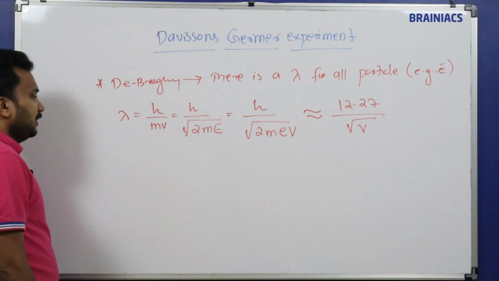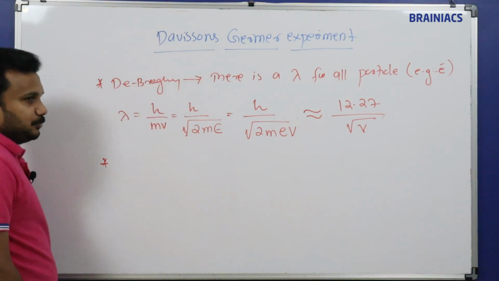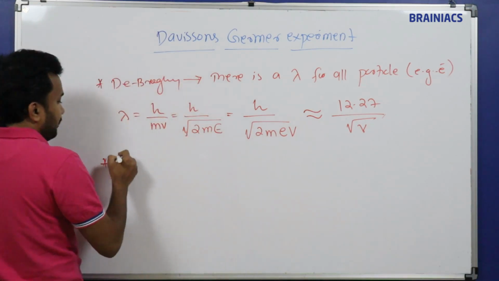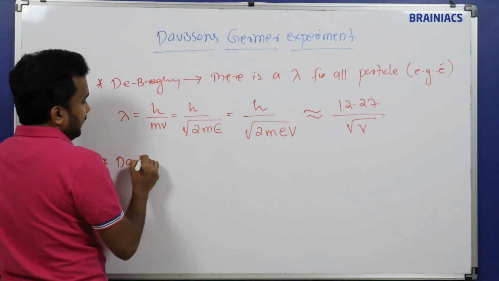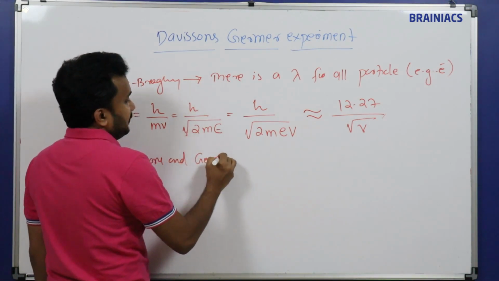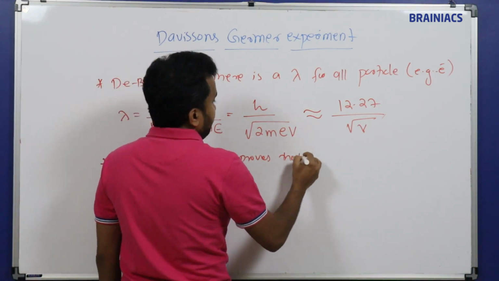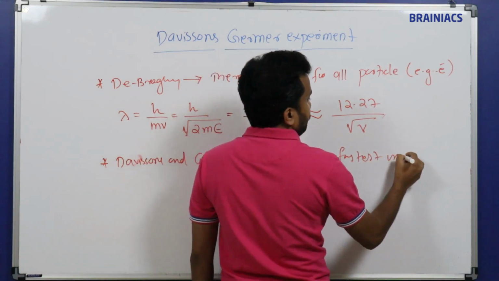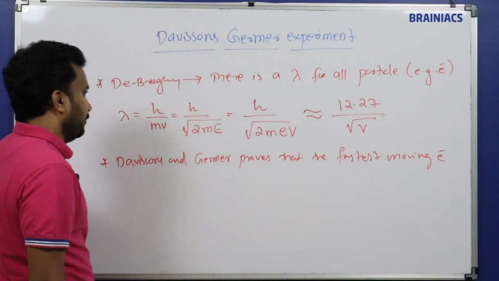But Davisson and Germer, these two scientists, additionally proved that fast moving electrons can exhibit wave nature. We know electrons are already fast moving, they are not slow moving.